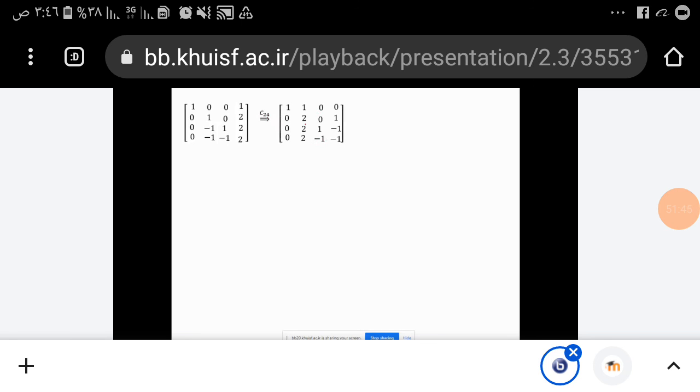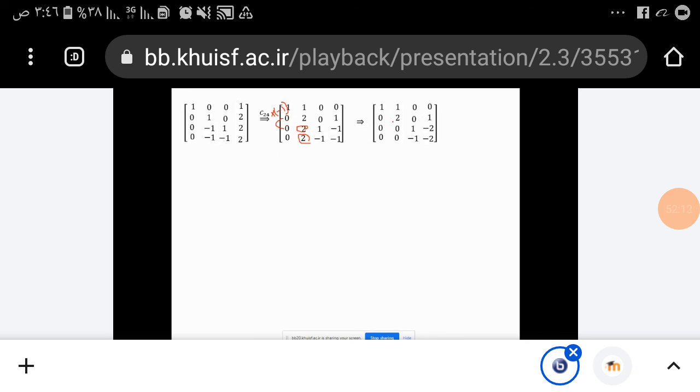So for changing these entries to 0 and this one, we have to multiply the second row by -1 and add it to the third and fourth rows. So we will have this one. The first row doesn't change.